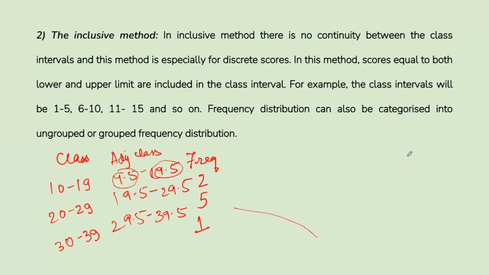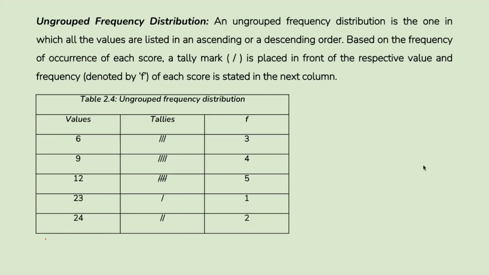Now we will discuss what is meant by an ungrouped frequency distribution. An ungrouped frequency distribution is one in which all the values are listed in either ascending or descending order.